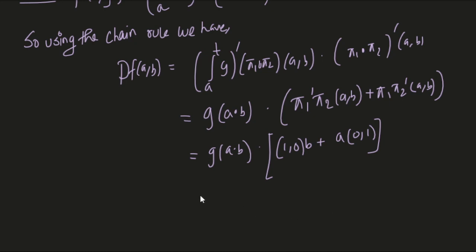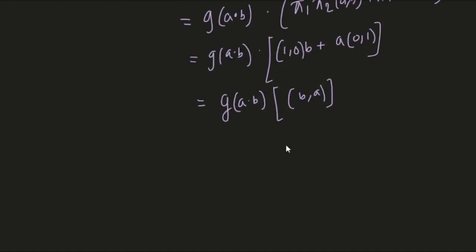Therefore this gives you (b, a), and therefore you can write (b times g of a dot b, a times g of a dot b), which is our required answer for that derivative.